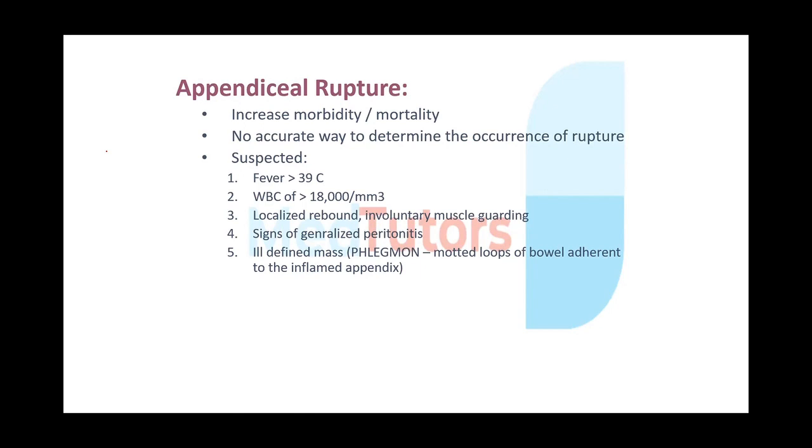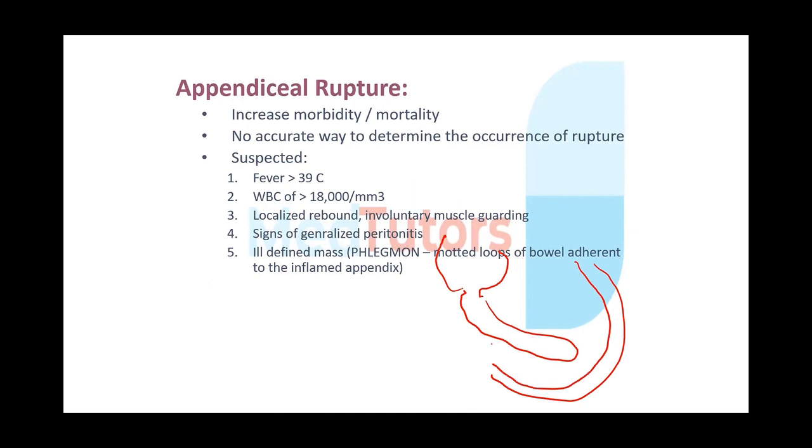When there is an ill-defined mass, which is a phlegmon, there are mottled loops of bowel adherent to an inflamed appendix. When you say phlegmon, the inflamed appendix is walled off by ileum as well as omentum.